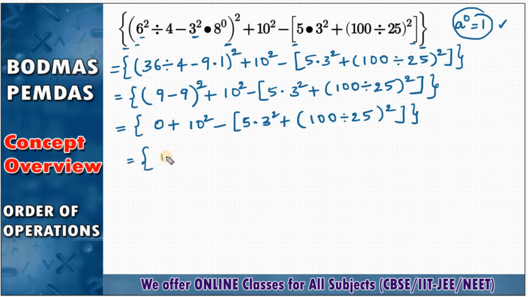Now we need to simplify the square bracket. Here 10 square minus square bracket of, inside the square bracket you need to simplify small brackets again, these two brackets.